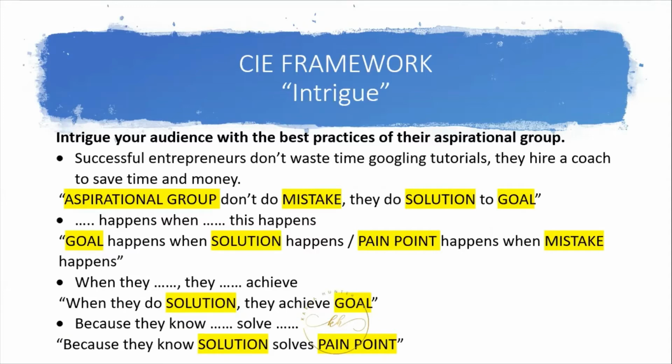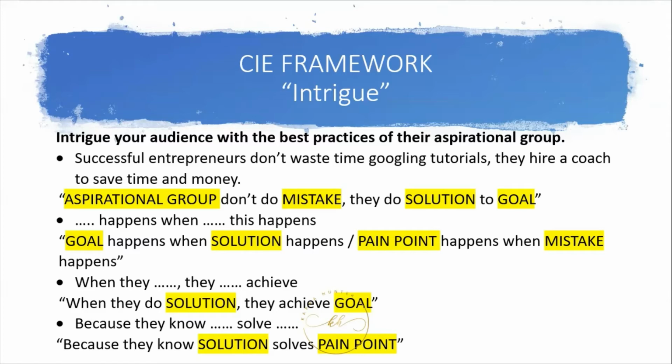So we can talk about the aspirational group not making this mistake, and what they're doing, the solution, instead to achieve their goals. Or you can talk about, this happens when this happens, right? You achieve your goal if you have this solution, if you do this solution. You keep making this mistake, you will still suffer from this.